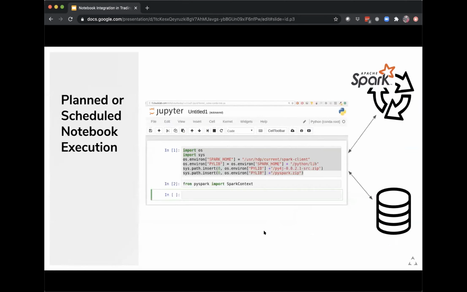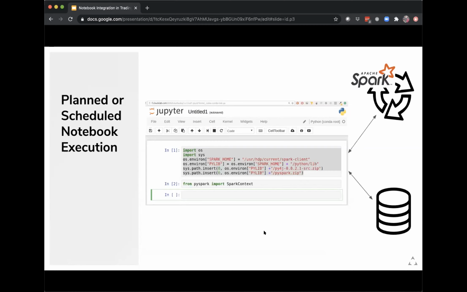What often goes unsaid is sometimes these require lengthy computation for machine learning and data science initiatives. Notebook execution doesn't have to be initiated by a person pressing controls in a browser.